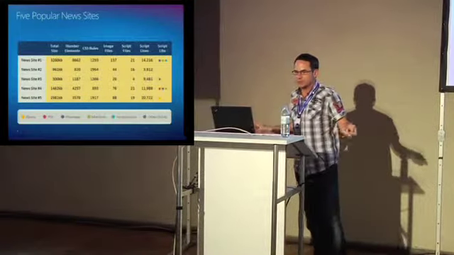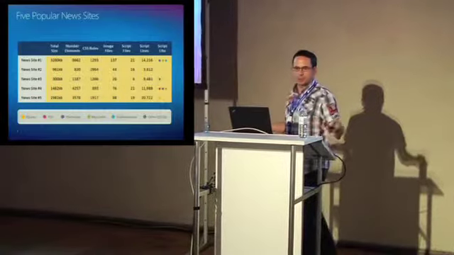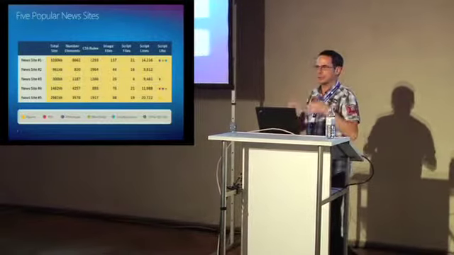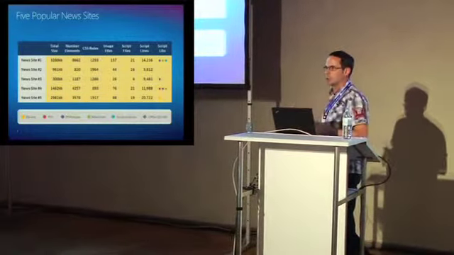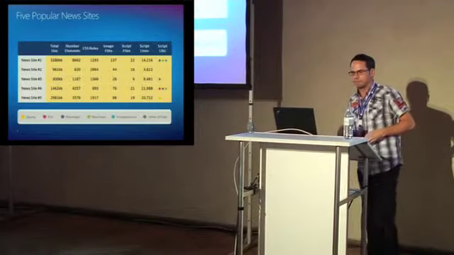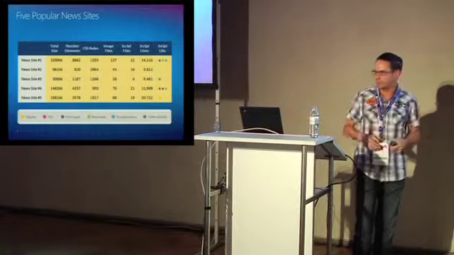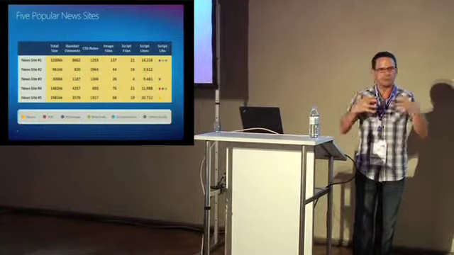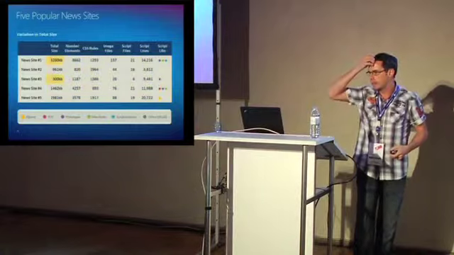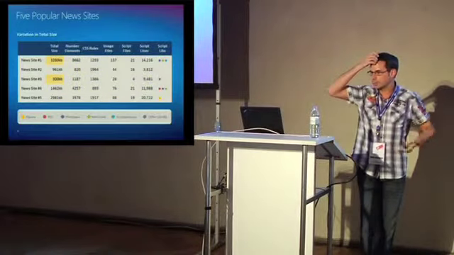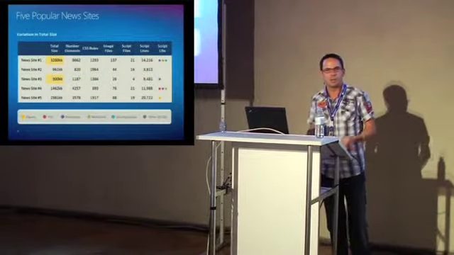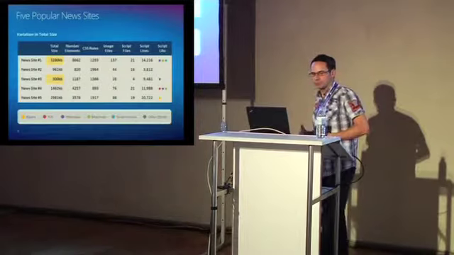Whereas news site number 3, 300K. It's nothing. It's significantly smaller than the other one. So we looked at how they use the different rendering engine components and the different components of the browser. And I talked about the size difference, right? Huge, huge differences in size.